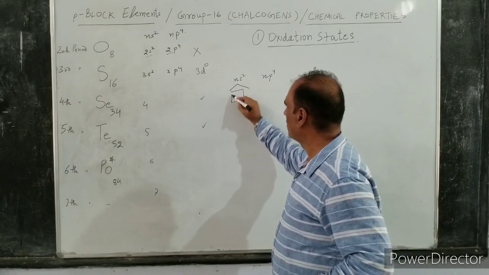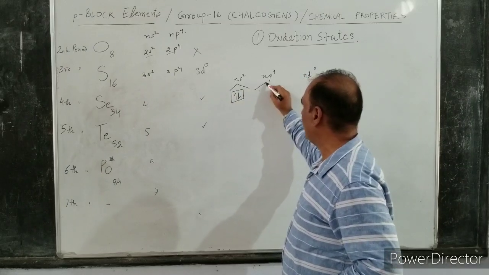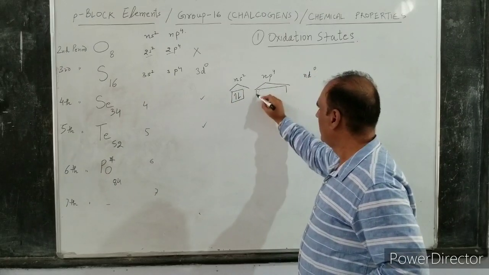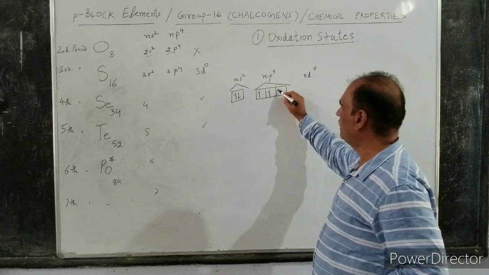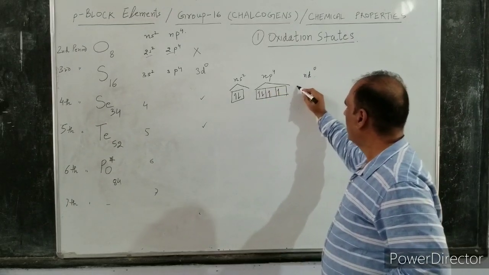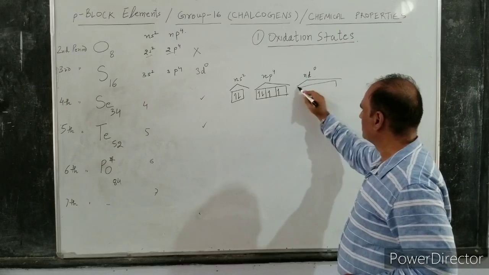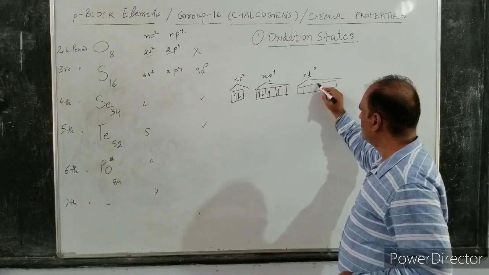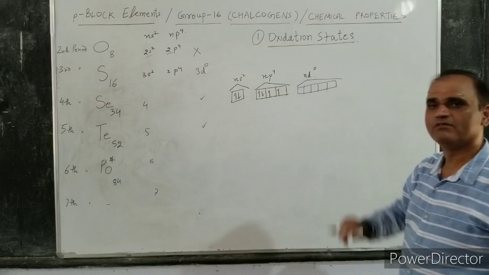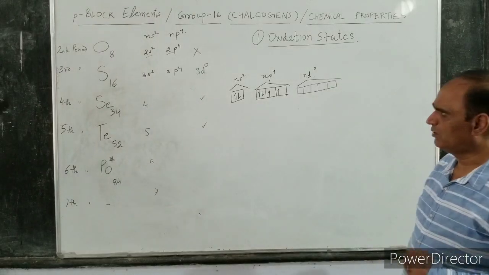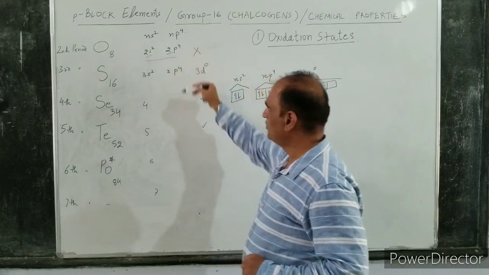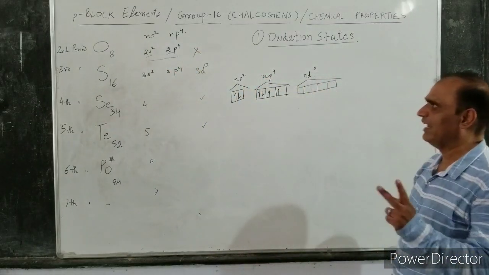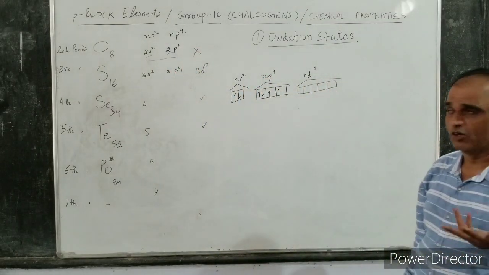There are 2 electrons in one orbital of s subshell and 4 electrons in 3 orbitals of p subshell. And d subshell is vacant. Oxygen does not have this d subshell. So, if we see this configuration up to this, we see there are 2 electrons lesser than octet.